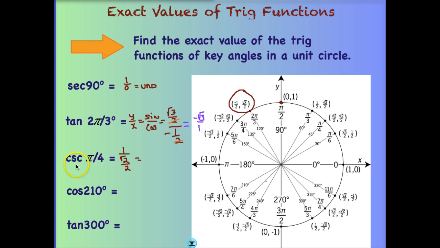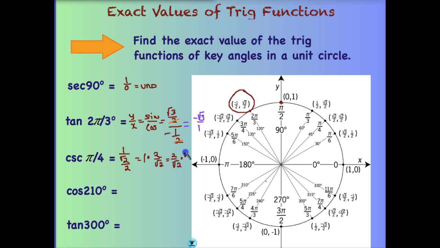Hopefully you identified that the cosecant is the reciprocal of the sine. And the sine at pi over 4, you'll notice, is our y value, which is root 2 over 2. So it's going to be 1 over root 2 over 2, which we can't leave like that either. Instead of dividing by root 2 over 2, we would multiply by the reciprocal, 2 over root 2, which gives us 2 over root 2, and as you know, we cannot have a radical in the denominator.